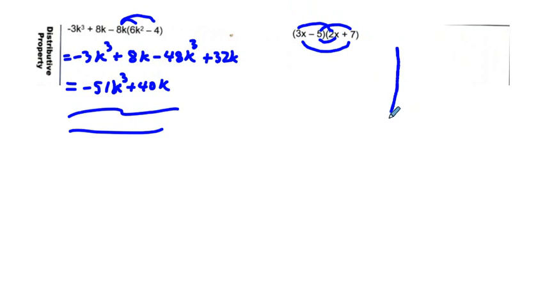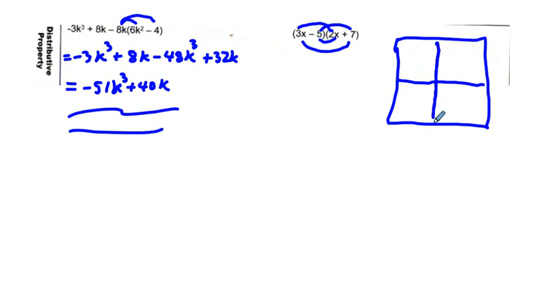I like writing it out like this with a box. To me, it just lends more clarity to the situation. So I'm going to put 3x minus 5 over here, and I'm going to put 2x plus 7, and then just multiply the space with the intersect.